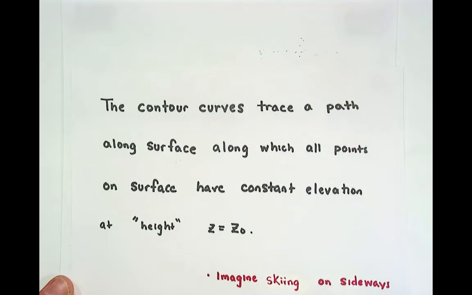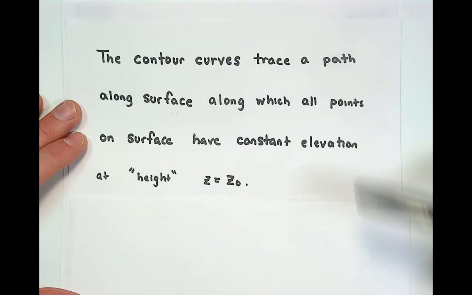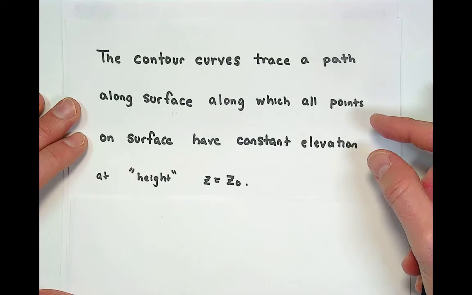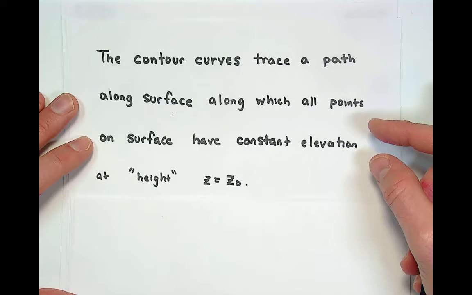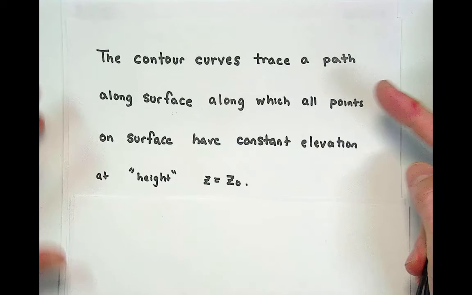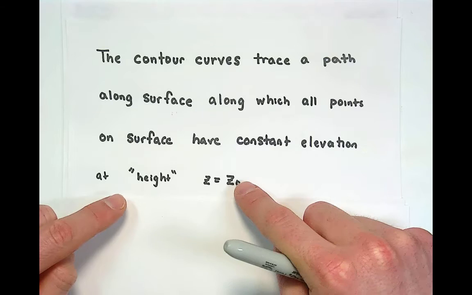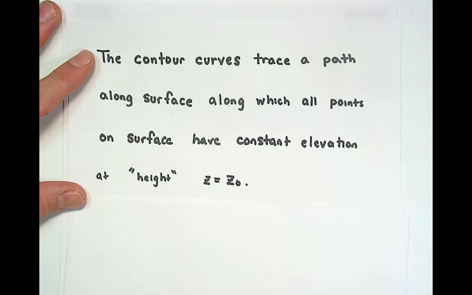We called this the trace. Yeah. Contour curves are traces because they trace a path along the surface at which all points on that path have constant elevation. And in particular, the height of that path is at z0, the constant.